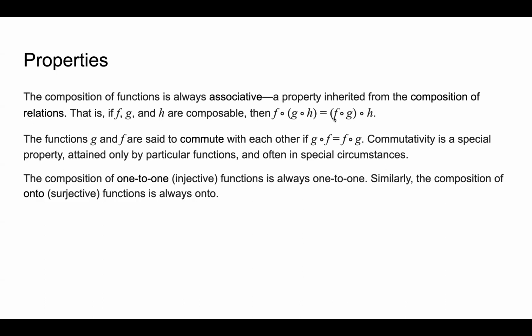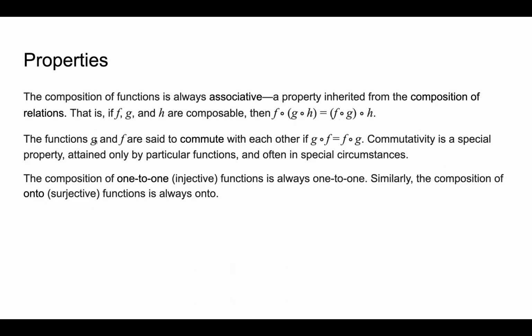Like here, if we compose f and g first, and the composition of these functions is composed with h at the last, these two sides are equal. LHS is equal to RHS. So the composition of functions is always associative.